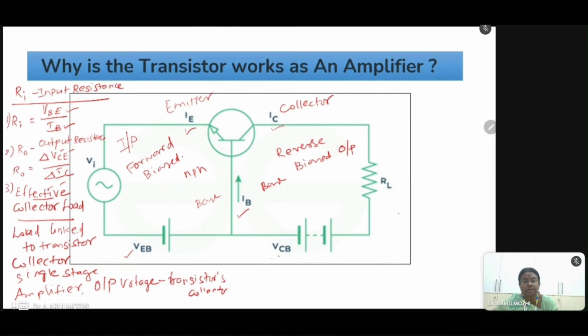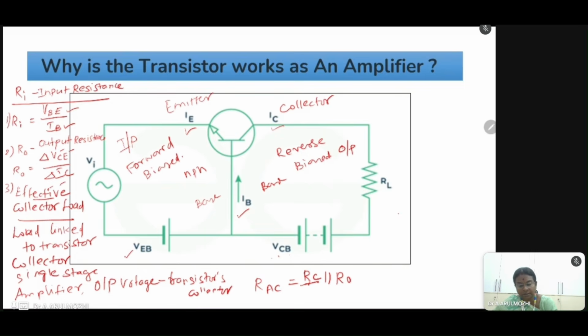Suppose it is multi-stage, we have to go to the cascaded stages, where the transistor is connected in cascaded stages. By definition, the entire effective load can be given in terms of the formula RAC, which is equal to RC parallel to RO.